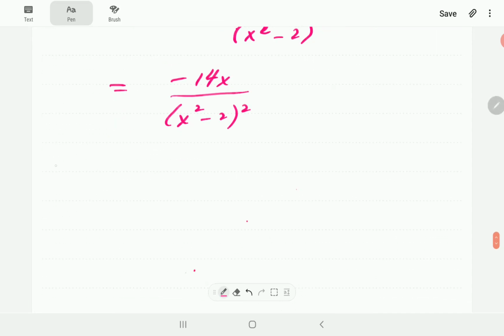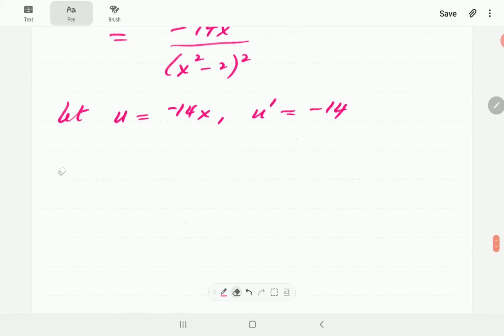Then for the second order derivative, again we're going to have to use the quotient rule. So this time if u is negative 14x, u prime is just negative 14. V is the x squared minus 2 all squared. So for v prime, we're going to have to use the chain rule.